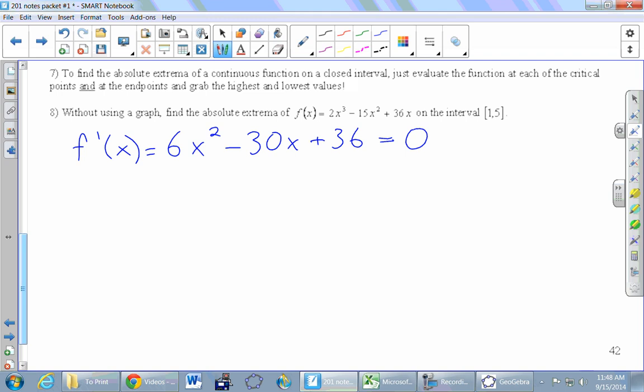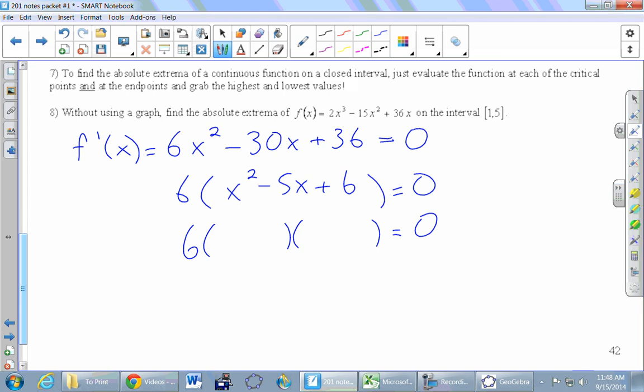Okay, this equation is kind of messy. It's quadratic, so I guess we could use the quadratic formula. I'm suspecting it factors, but we're going to do something nice to make it easier to recognize. Let's take that 6 out in the front, right? And now that it's just a 1x squared, it's a whole lot easier for me to think about factoring.